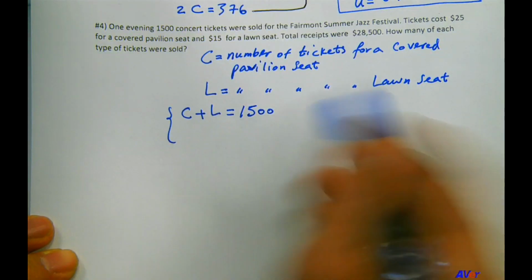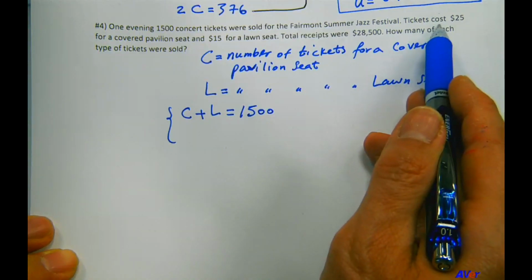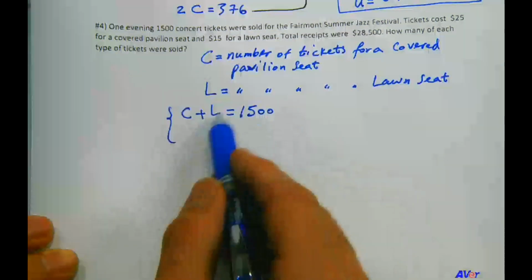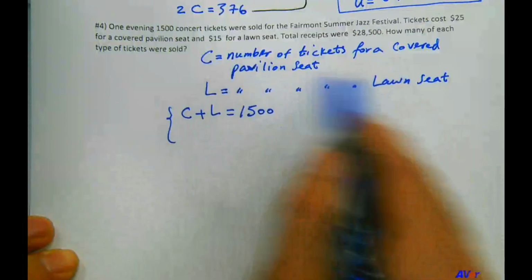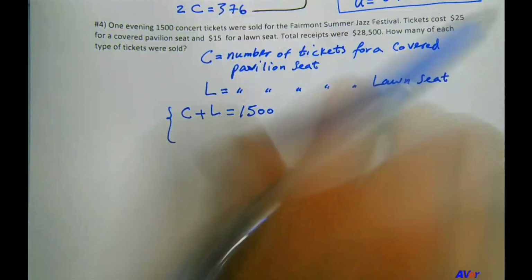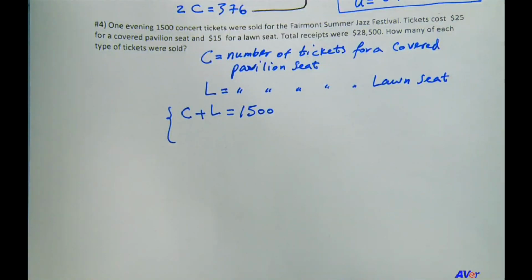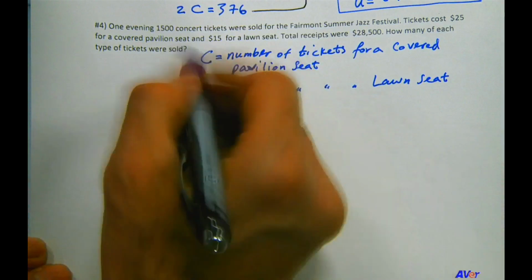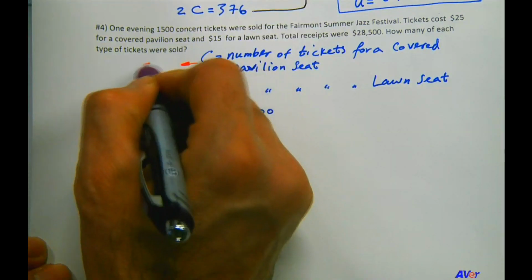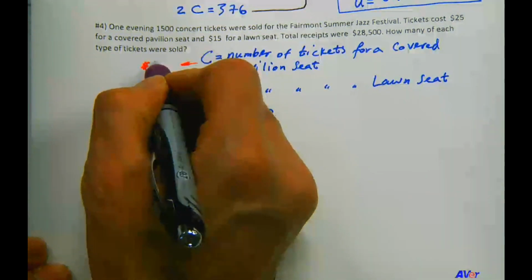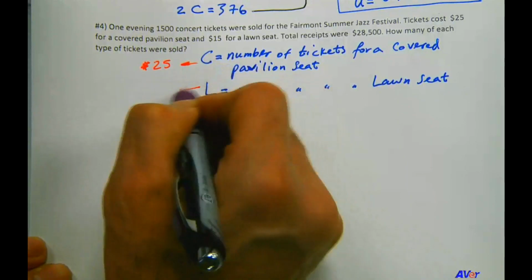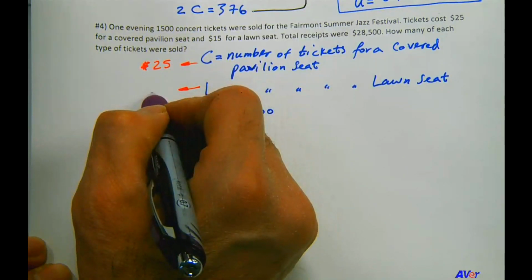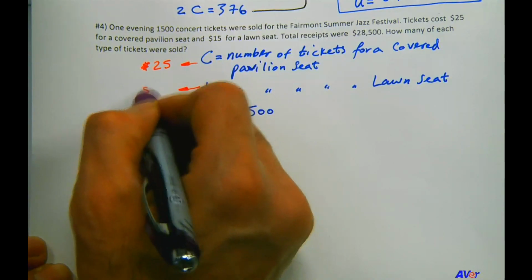Then we are told that the covered pavilion seats cost $25. So these tickets cost the customer $25 a piece, and the lawn seats cost the customers $15 a piece.